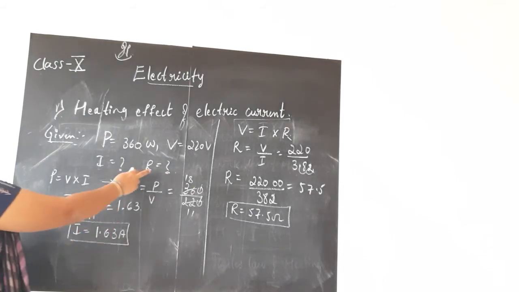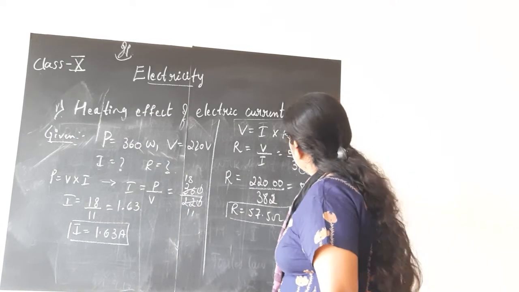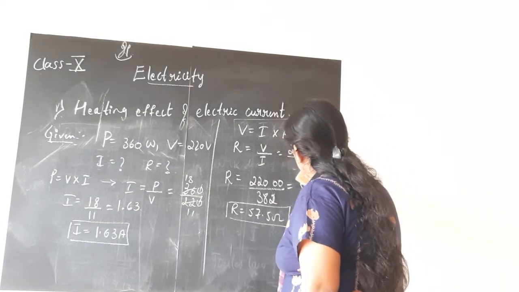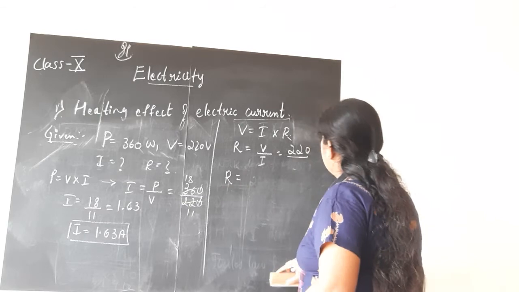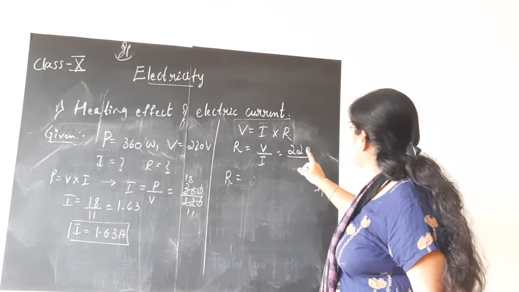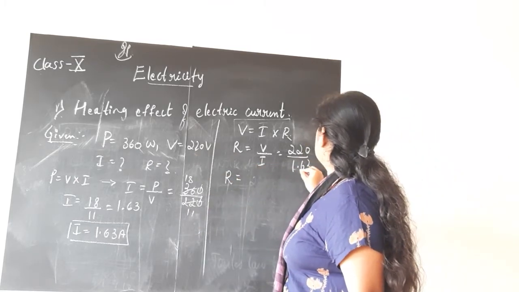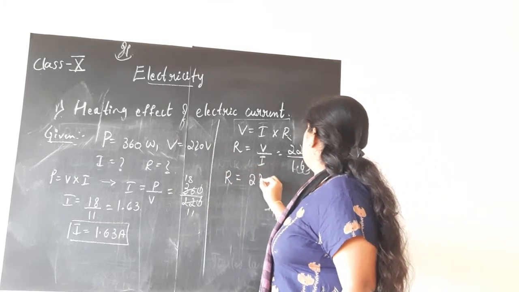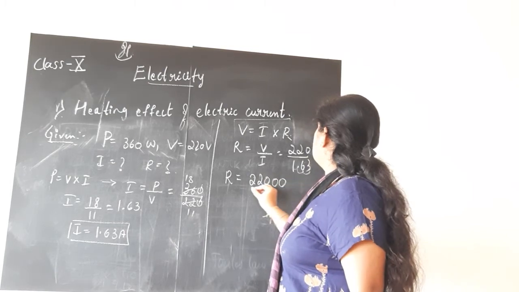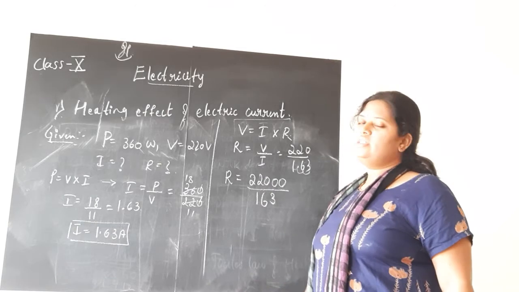We need to find the resistance also. So in order to do so, again we are making use of Ohm's law. V is equal to I into R, means R is V divided by I. So voltage is the same 220, current just now we got 1.63. Here also 2 decimal places I am shifting, means 2 zeros I will add in the numerator. 1.63 became 163.